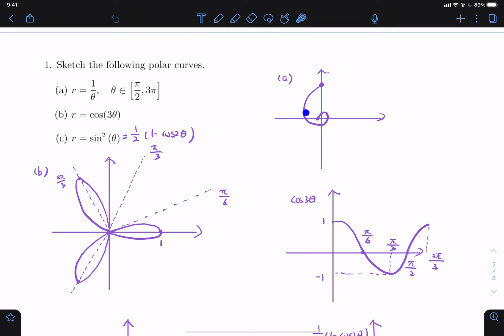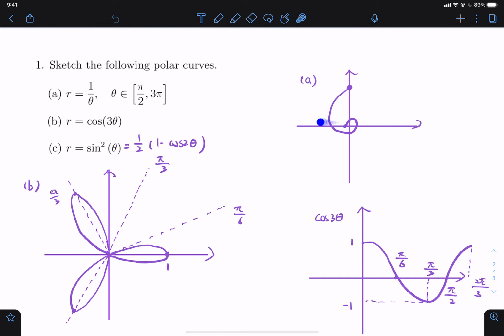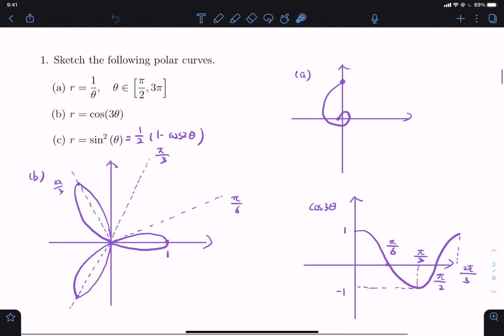So you can see that there's a kind of convergent spiral like this. And your terminal point should be 3 pi. We know that 3 pi is on this side, right? So you stop here. At theta equal to 3 pi, you have the smallest distance, and at your starting point, you have the greatest distance. So that is what this curve looks like.